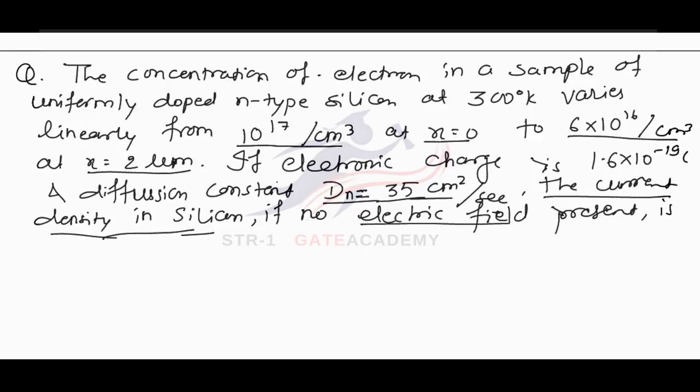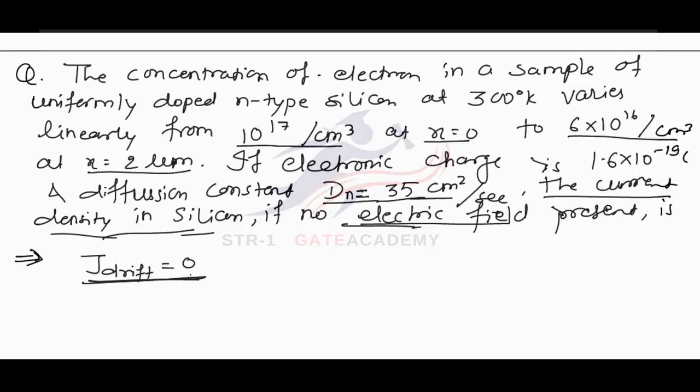We already know that the current density is due to two mechanisms, one due to the drift mechanism and one due to the diffusion mechanism. Here the electric field intensity is 0, so we can conclude that J drift will be equal to 0. There will be no drift current density, but there will be diffusion current density, and we have to calculate that.